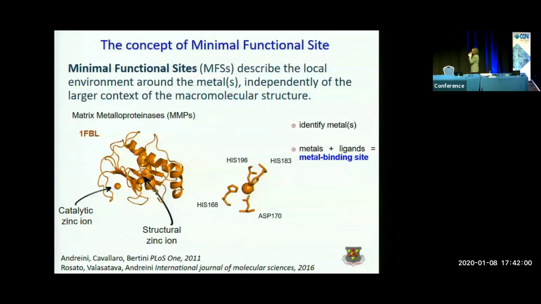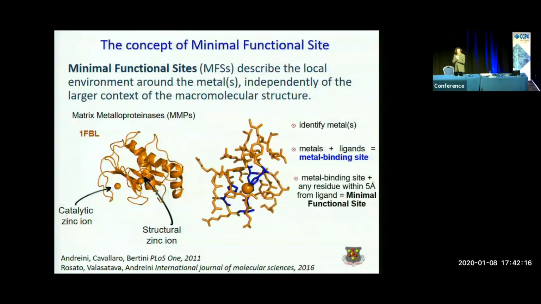So we start from the metal ion and we look at the amino acids that are binding directly to the metal ion via coordination bonds. These are very straightforward to identify from a crystal structure in the PDB. And then we extend this substructure that we are looking at by taking into account all the amino acids that are making contact with any of the metal binding amino acids.